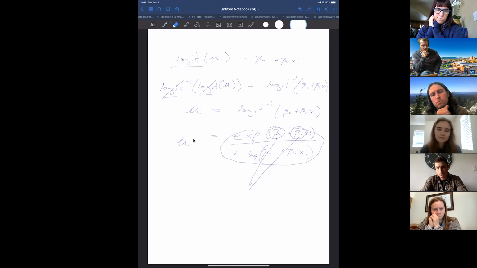I think there's a few good reasons for it. Well, for one, using the log odds can be useful for describing the relationship of the betas to your response.